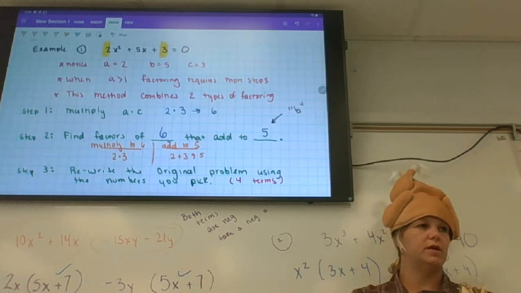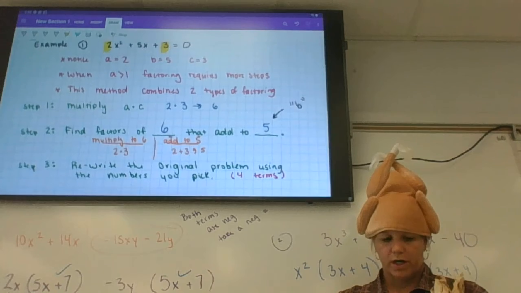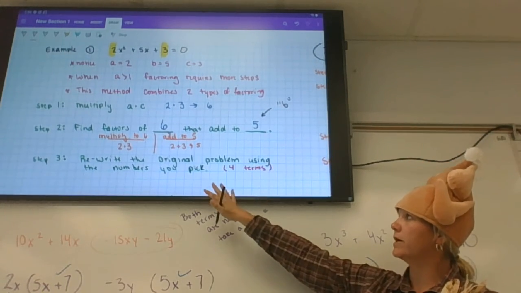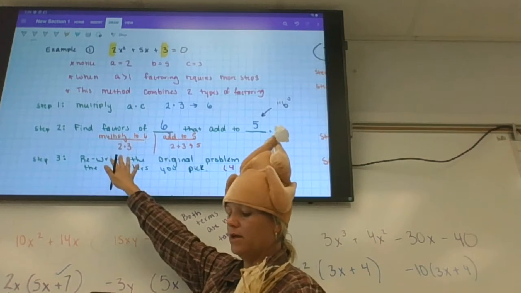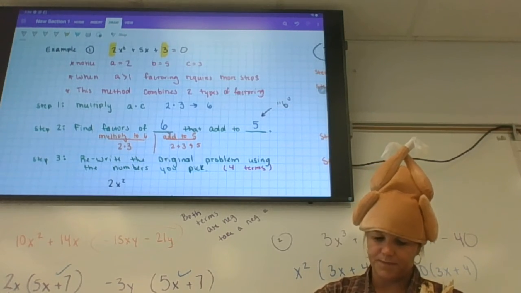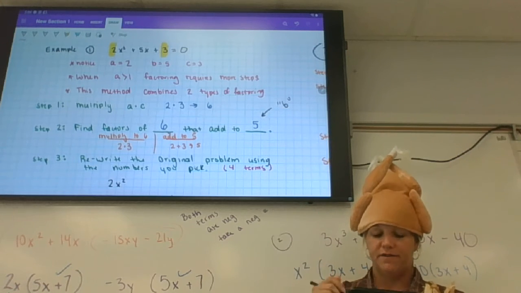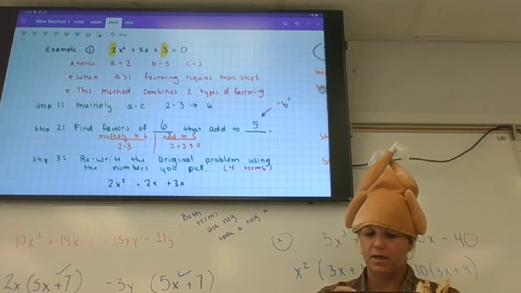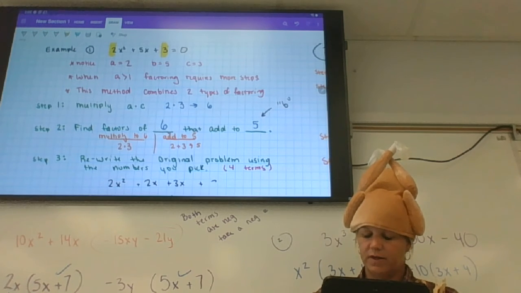And now step 3 is where it gets weird. We're going to rewrite that original problem, but we're going to use the 2 and 3 that we just picked. So I'm going to keep 2x squared the same. Instead of 5x, I'm going to do 2x plus 3x, and then I keep the last value the same.